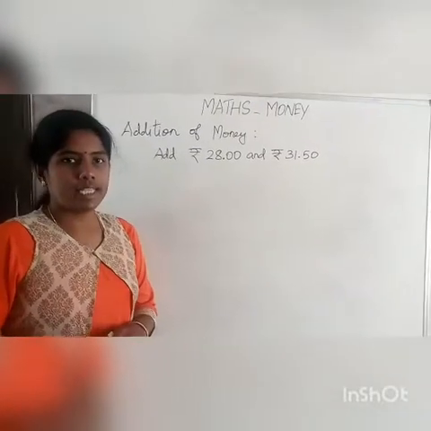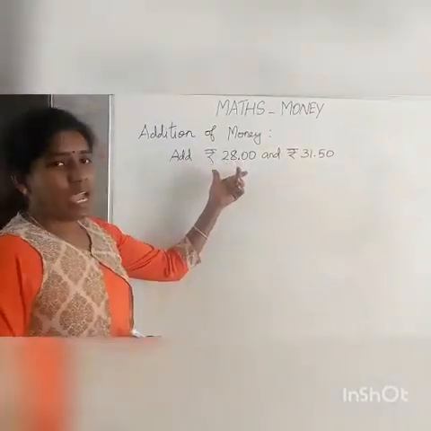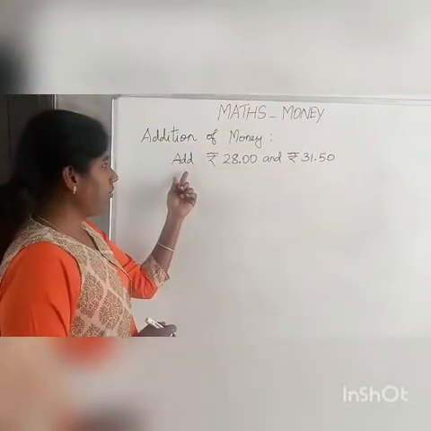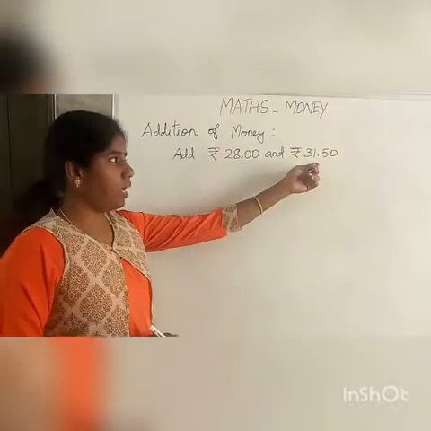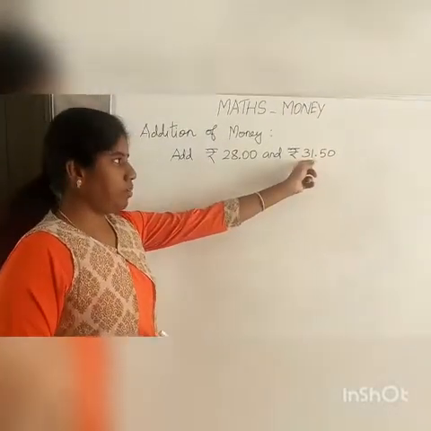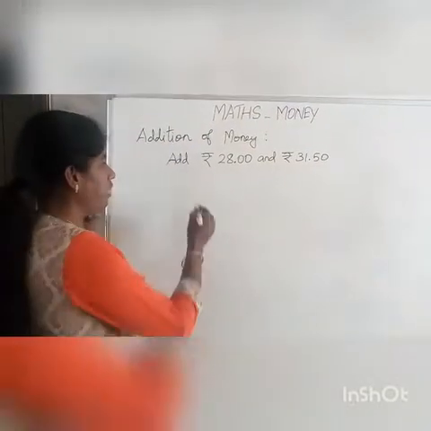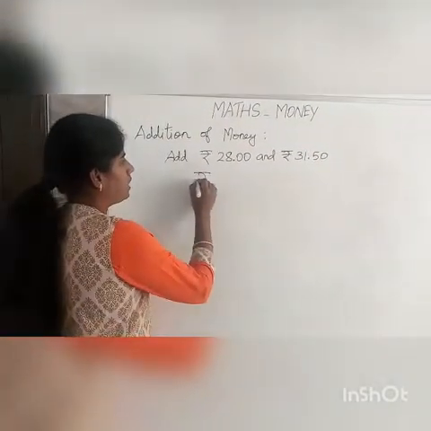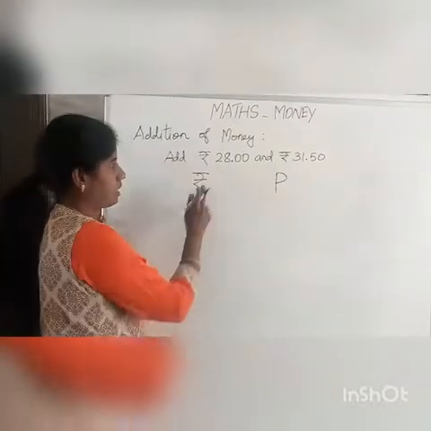The next exercise was addition of money. So how do we add money? They have given it as add rupees 28 and rupees 31.50, which is 31 rupees 50 paise. If they have given it like this, first we need to make a column for rupees and paise and then write down the numbers like this.